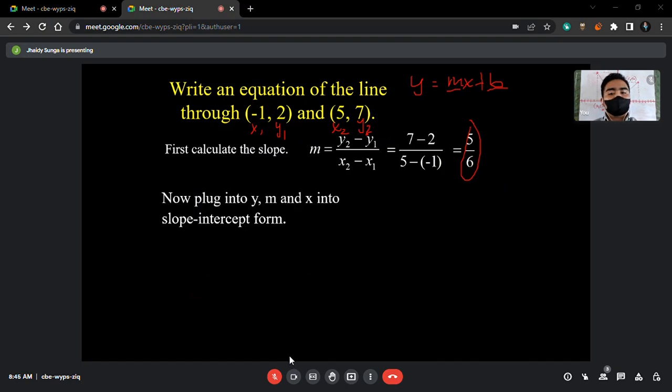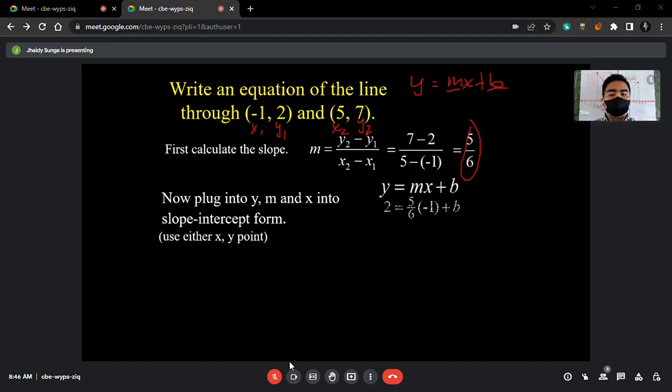Now, plug in y, m, and x into slope-intercept form. Use either point. In your slope-intercept form, you have y is equal to mx plus b. So what you are going to do here is to input all the points that you have.